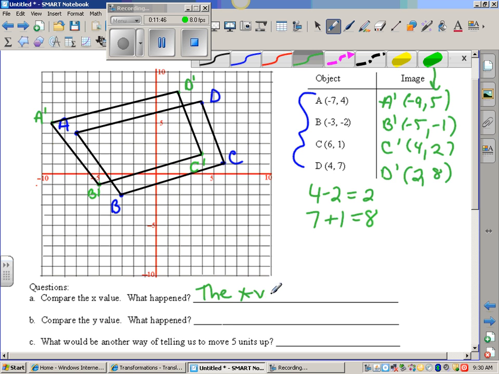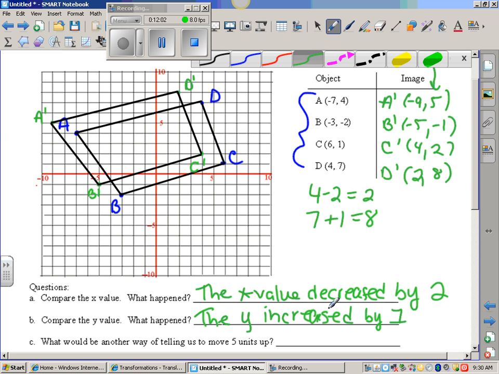The x value decreased by 2 because we moved to the left. What happened to the y? The y increased by 1. All right, again, increase means add because we actually moved up 1 on the y-axis.